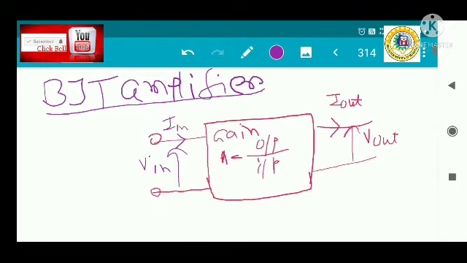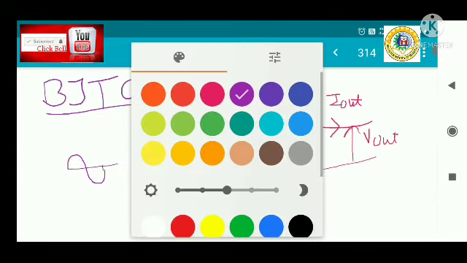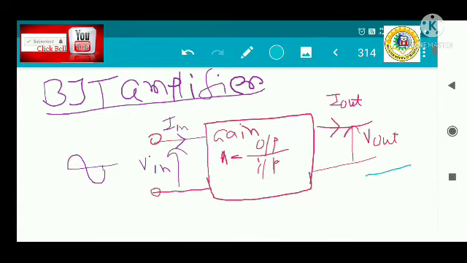Now suppose this is your input that is being applied to the amplifier, and the output that we are getting out of the amplifier is like this. Obviously the amplitude increases. Now this is the simple black box view of an amplifier.